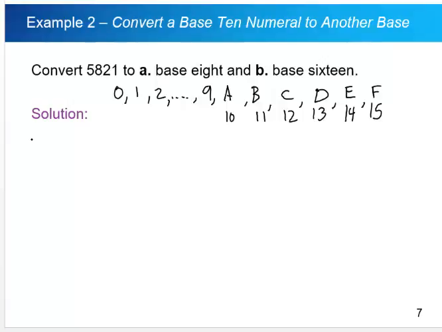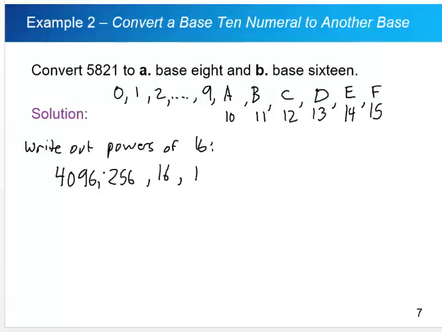So first I need to write out powers of 16 without going over 5,821. So 16 to the 0 power is 1, 16 to the first is 16, 16 squared is 256, and 16 to the fourth is 4,096.